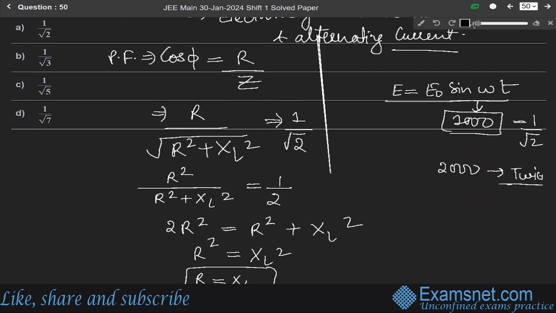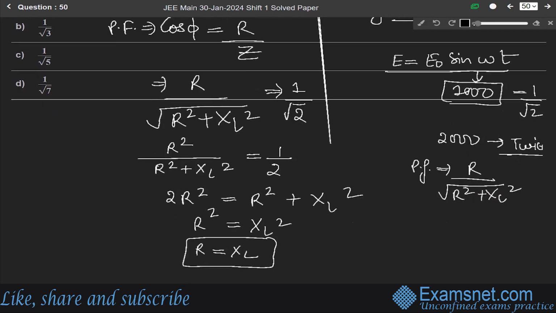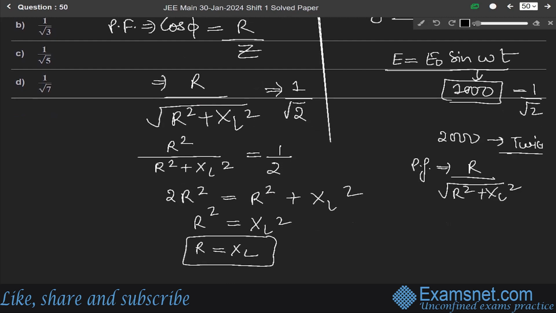It becomes double now. So the new power factor will be R over the square root of R square plus XL square. We know that XL is equal to omega L, which means XL is directly proportional to omega. If omega is doubled, XL is also doubled.